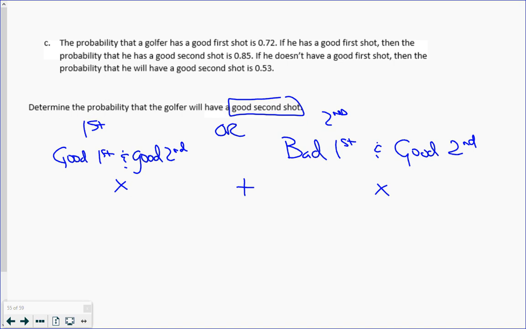So let's fill in the numbers that we do know. What's the probability that he has a good first shot? 0.72. What's the probability that he has a good second shot given that he had a good first shot? 0.85. Okay, so here's the leap of faith you need to make.